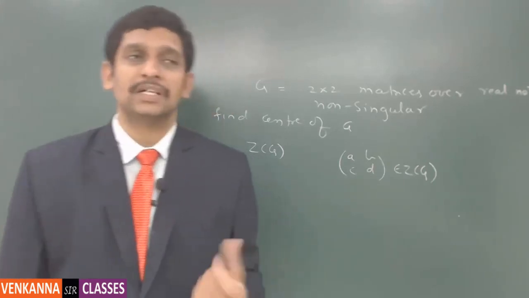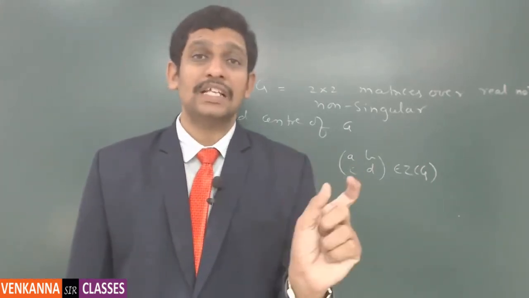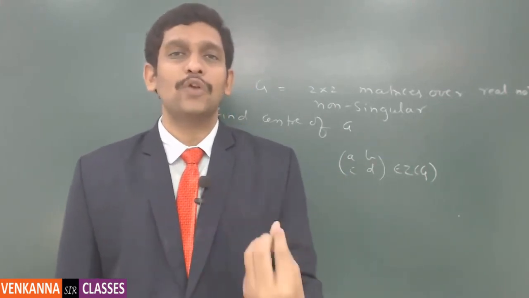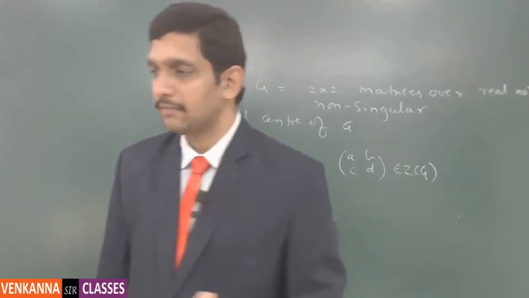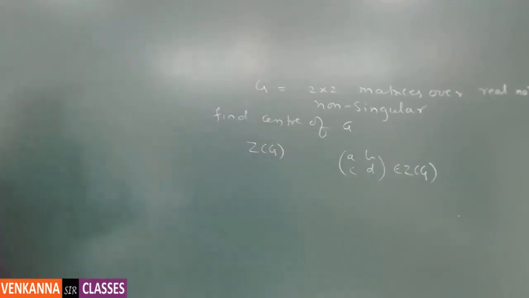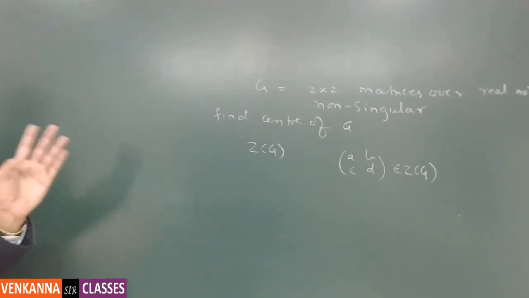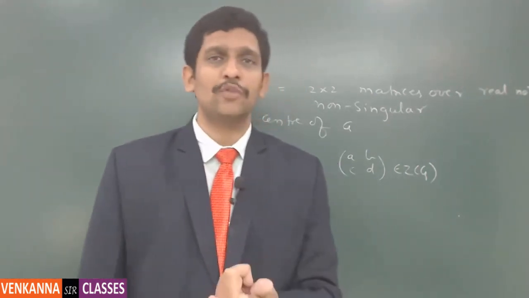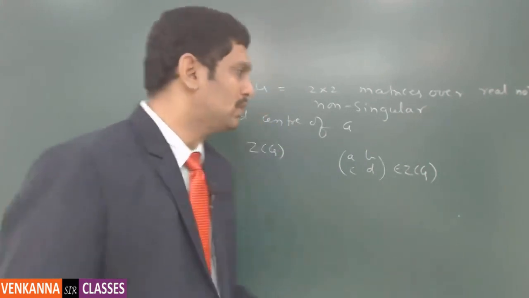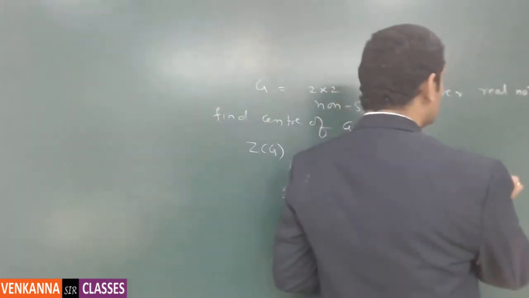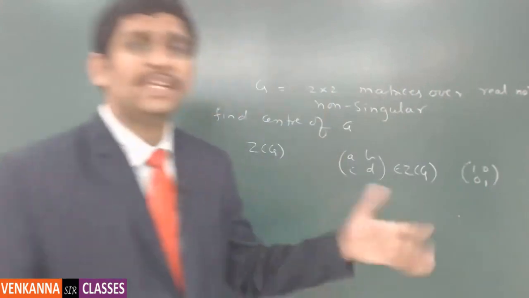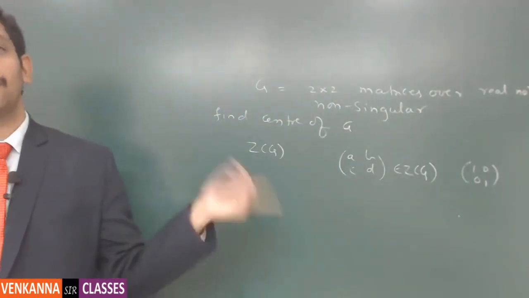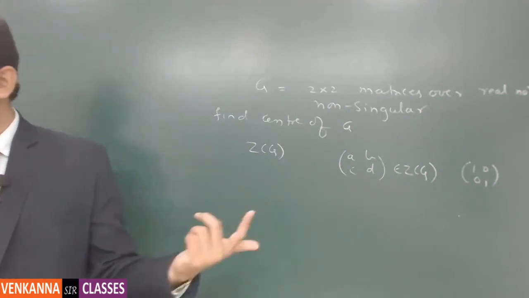By default, the identity matrix is always there, because the identity element always satisfies the commutative property. So the matrix 1 0 0 1 will always be there. There is no need to check that. So apart from this, is there any other element we have to check?